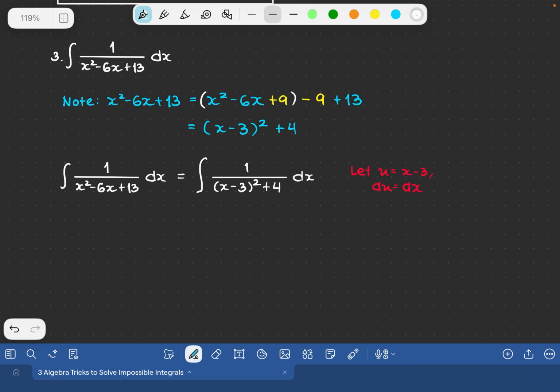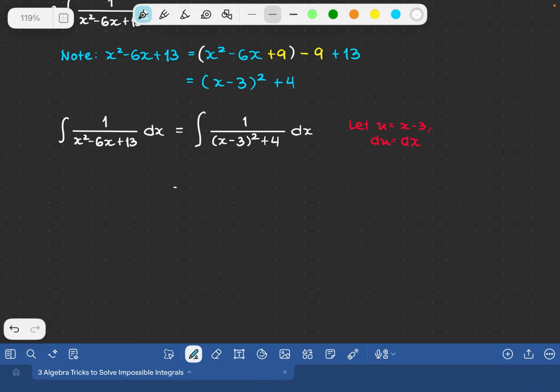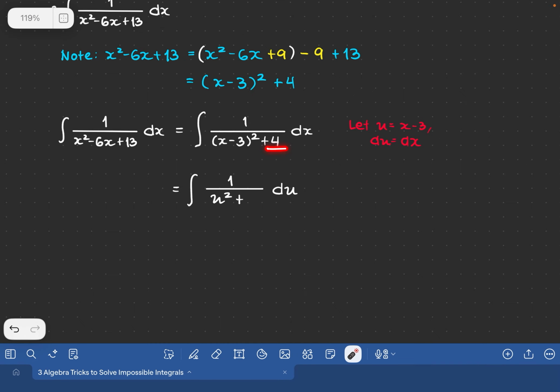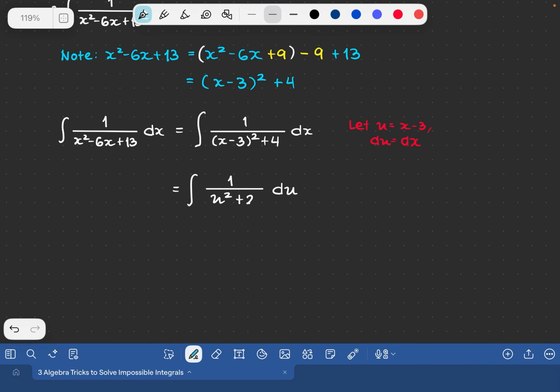So once we have this, it simplifies to the integral of 1 over u squared plus, I can write 4 as 2 squared, du.